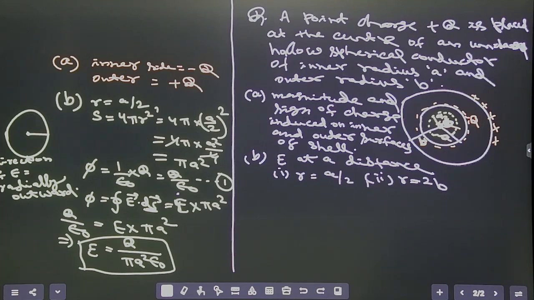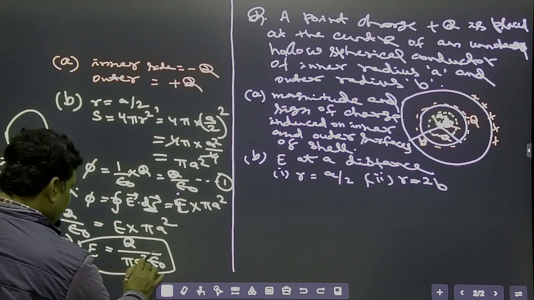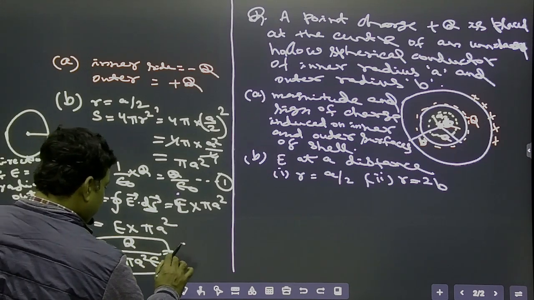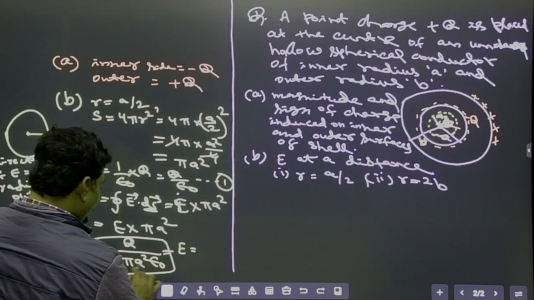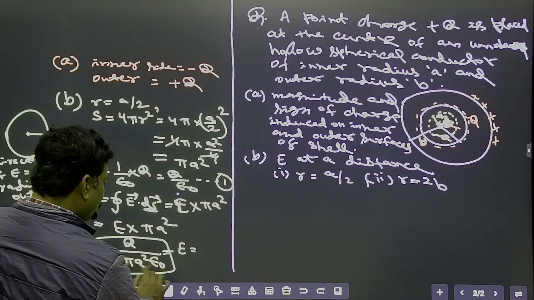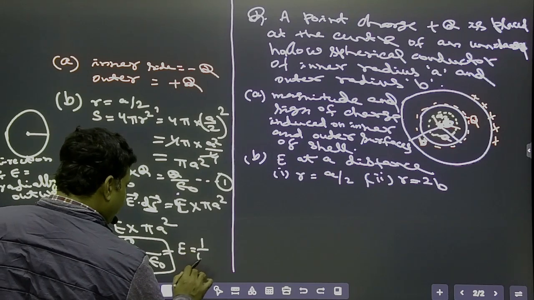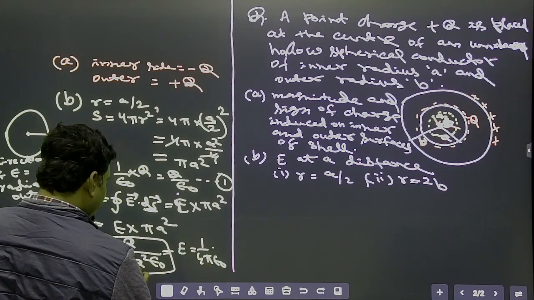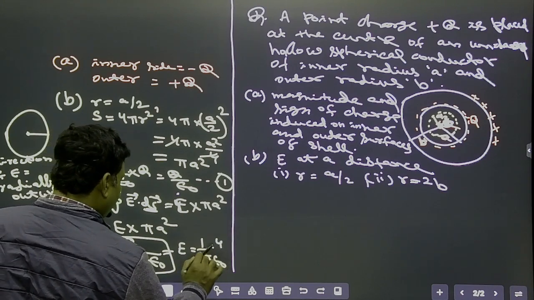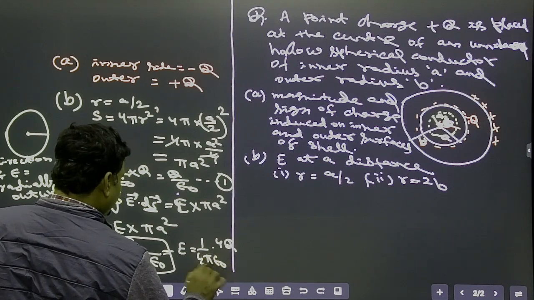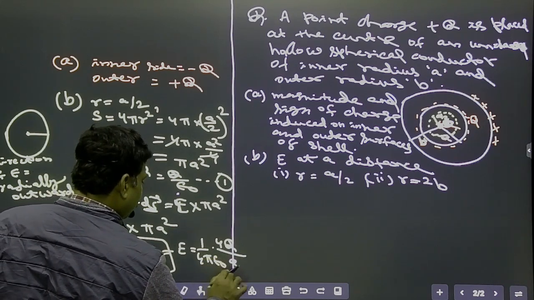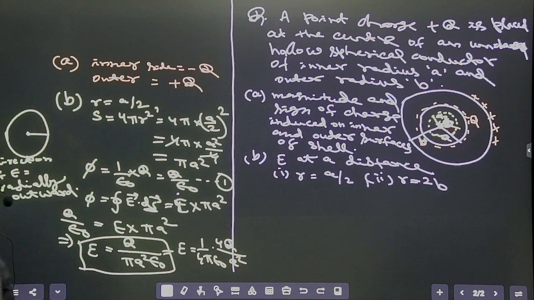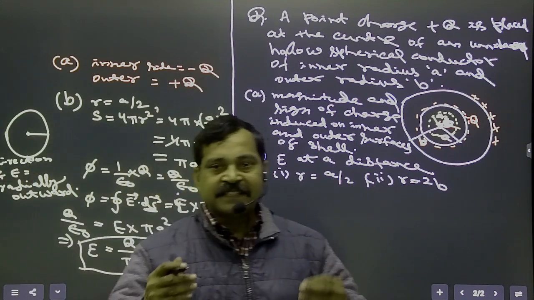Now we can also modify this first part: we know the value of 4 pi epsilon naught, so I can write E as 1 upon 4 pi epsilon naught. Since I have multiplied 4 in the denominator, in the numerator I will take 4. So the formula is 4Q upon A square. Understood?